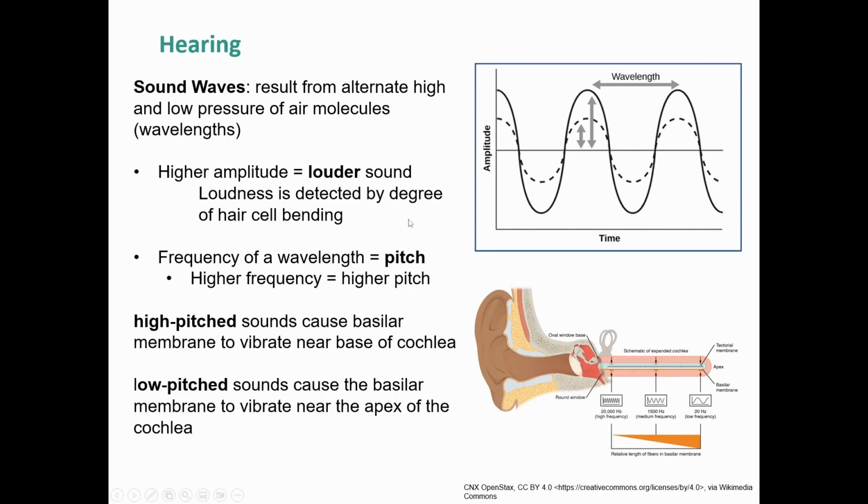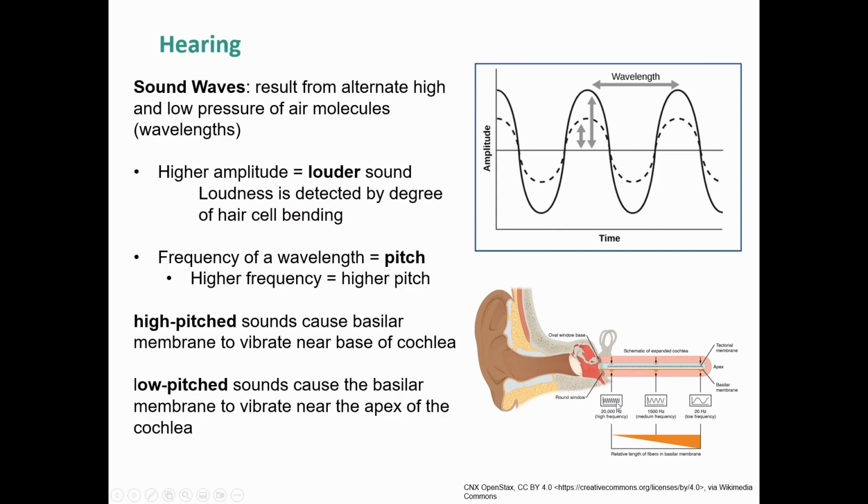High pitch sounds and low pitch sounds will also differ in where they trigger the basilar membrane more, where they cause that vibration. So here we've taken the cochlea and unrolled it, expanded it out. And we see that the high pitch ones, the high frequency, see how close together those peaks are?